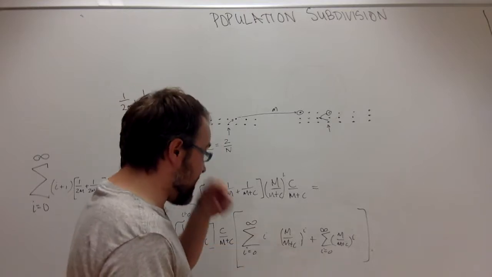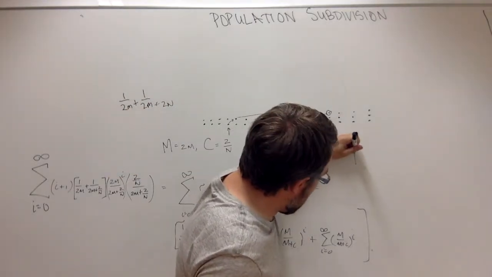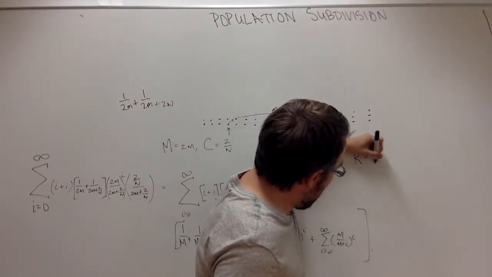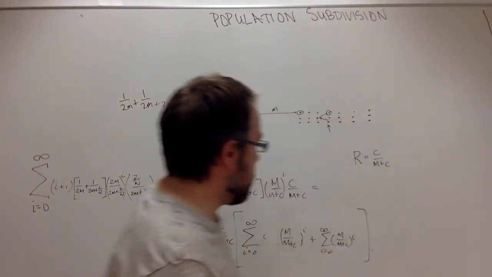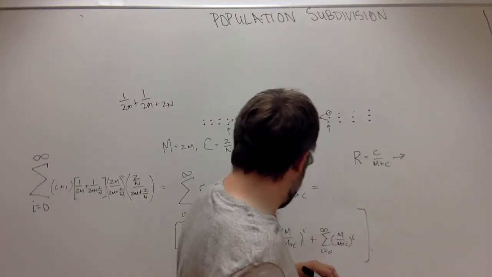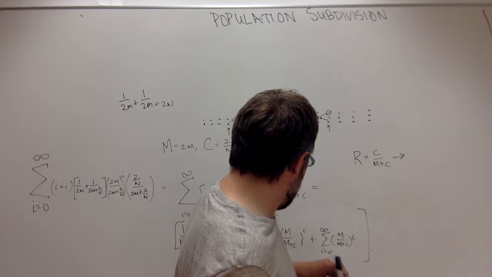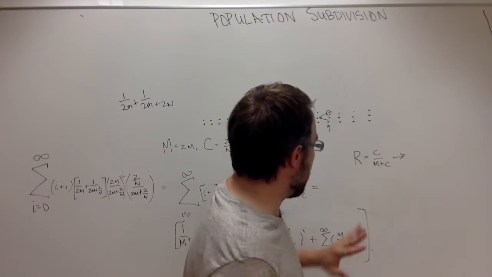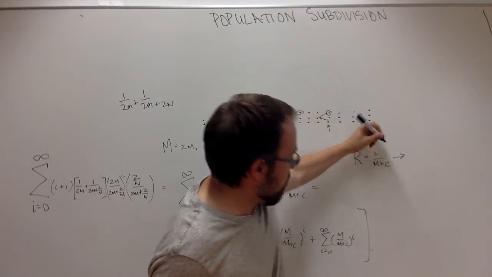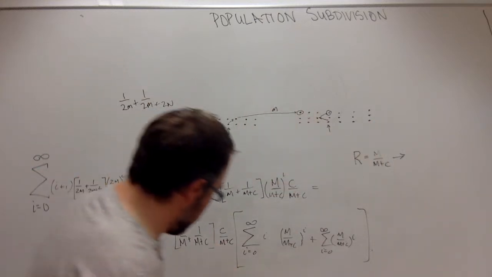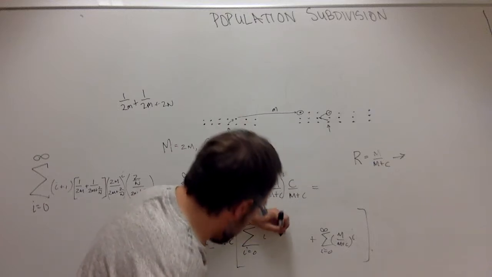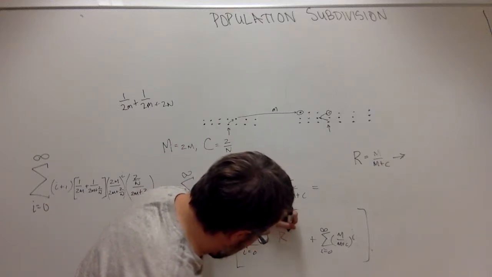So let's do a substitution where we make r equal to c over m plus c. Then, oh, I'm sorry, let's do it with just r equals m over m plus c. Then we can simplify this down to the summation of i, r to the i.